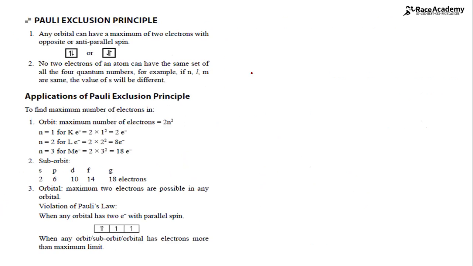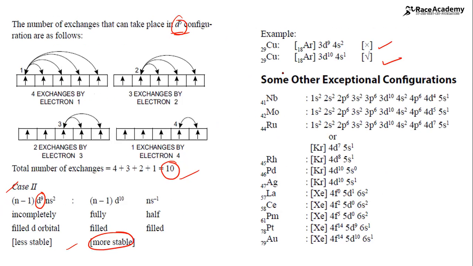So here we understand the electronic configurations telling the exceptional cases for copper and chromium. Moving on, some other exceptional configurations: niobium, molybdenum, ruthenium, rhodium, palladium, silver, lanthanum, cerium, promethium, platinum, aurum. Gold is also said to show some exceptional behavior in configurations.